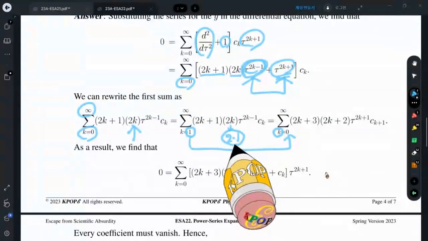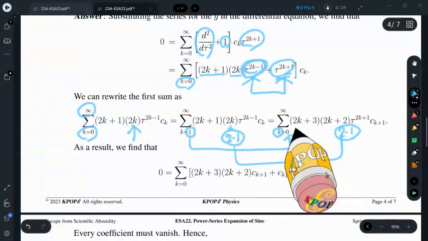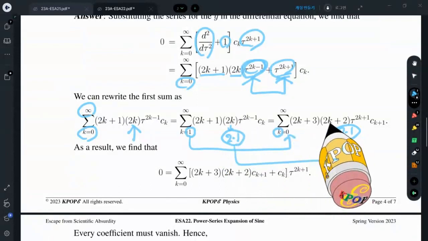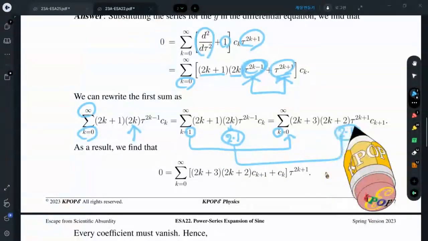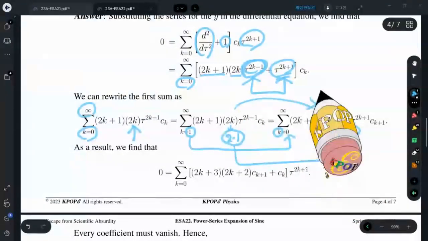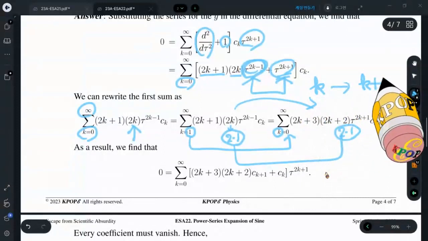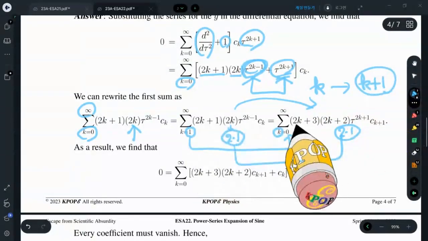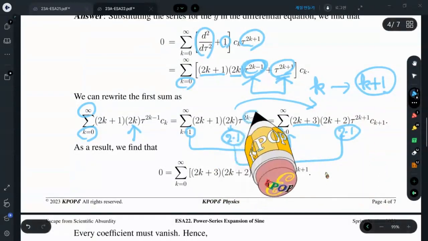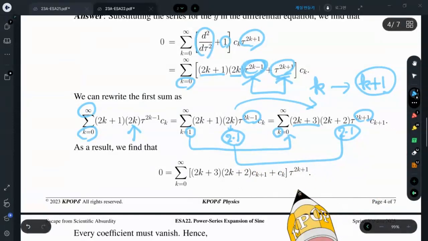If I want to let it be 2 times 1, then I shift this one by 2, and then if I substitute k equals 0, still we have the same value. Aha, so this change is replacing k with k plus 1. Therefore, this is 2k plus 3, and this is 2k plus 2, and power has been shifted from 2k minus 1 to 2k plus 1.